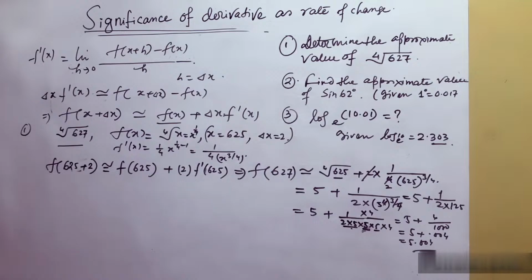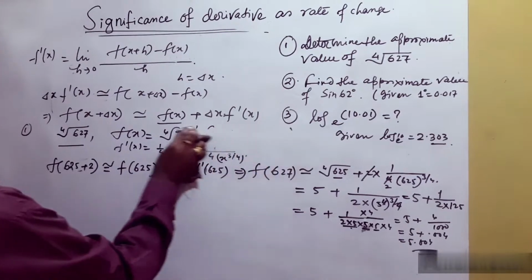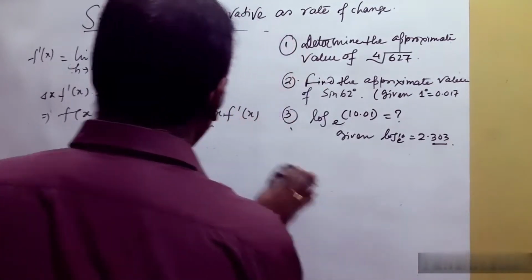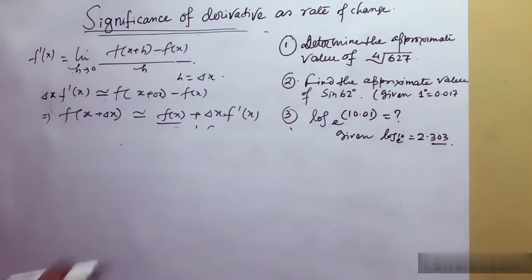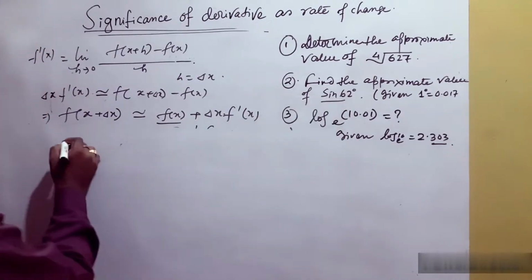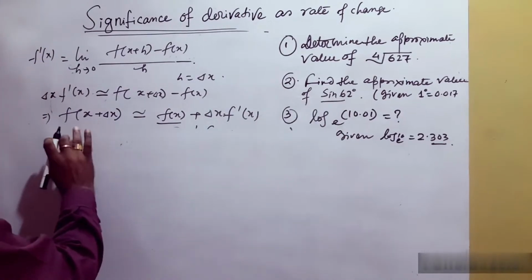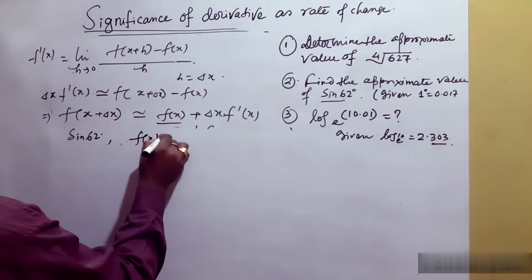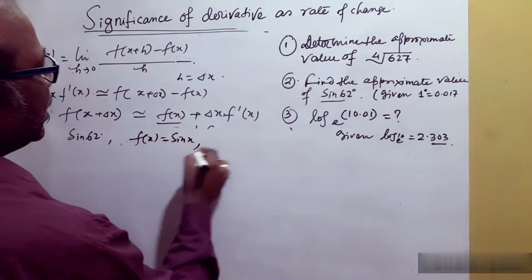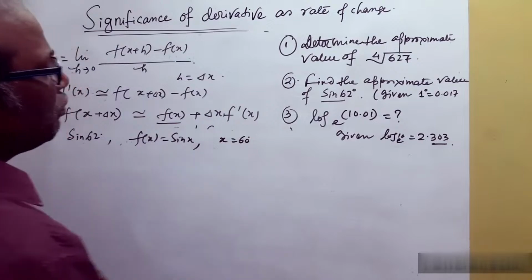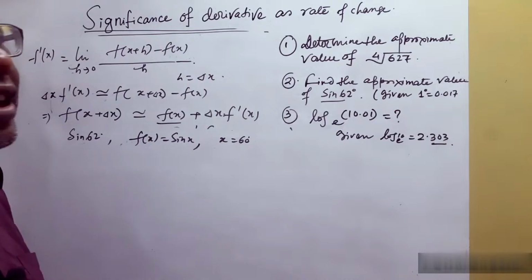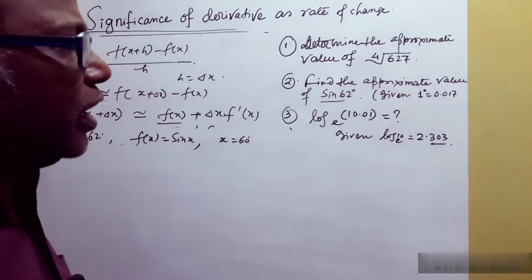Now the other problem, question number 2. We have to find the value of sin 62 degrees. So we take the function f of x equal to sin x. Again I repeat, x is 60 degrees, which is the known value. In the previous problem, the fourth root of 625 was the known value, which was 5.